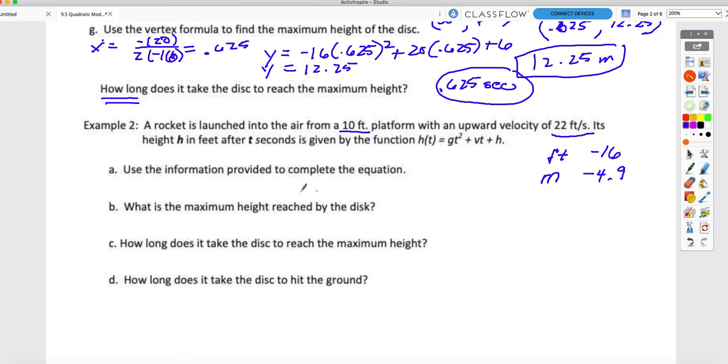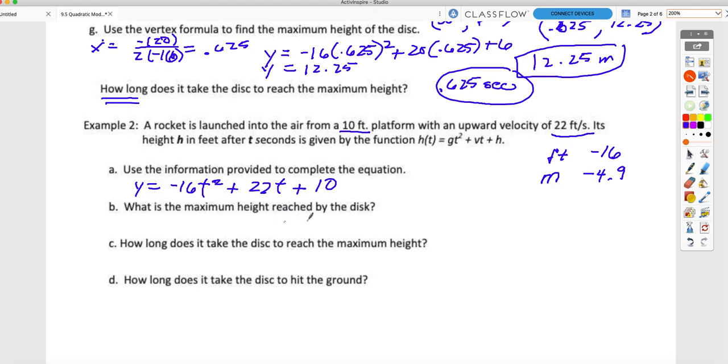So I'm going to write my equation, and it is going to be y is equal to negative 16, which is the gravity, times t squared, that's time in seconds, plus my velocity, which is 22 feet per second, times t for the seconds, plus my height, which is my initial value of 10.